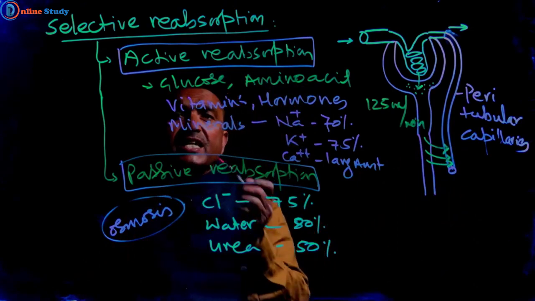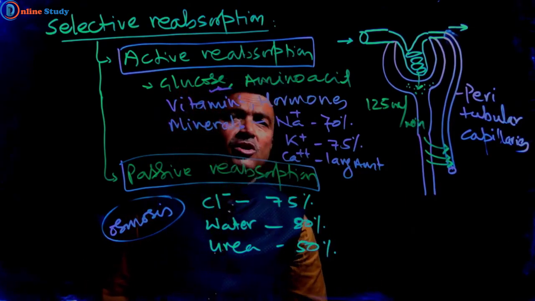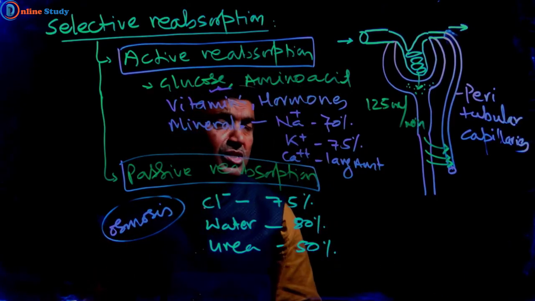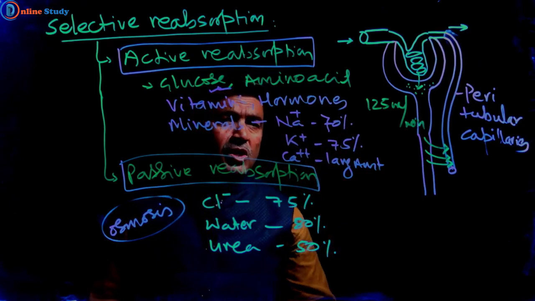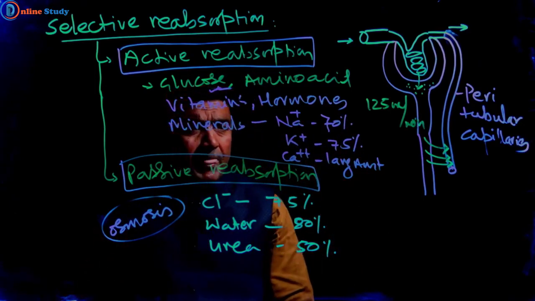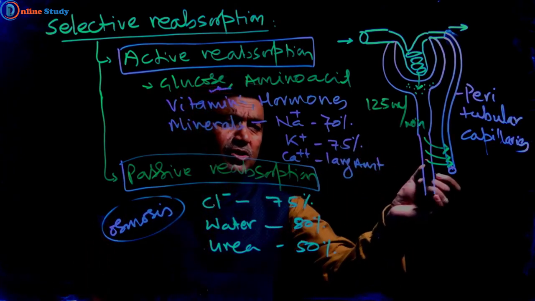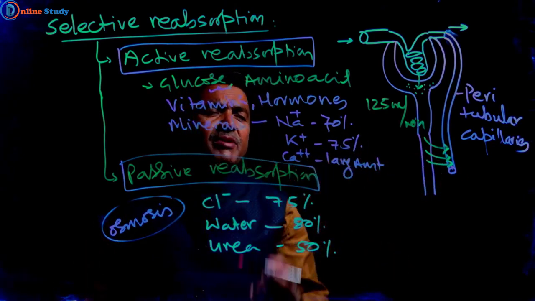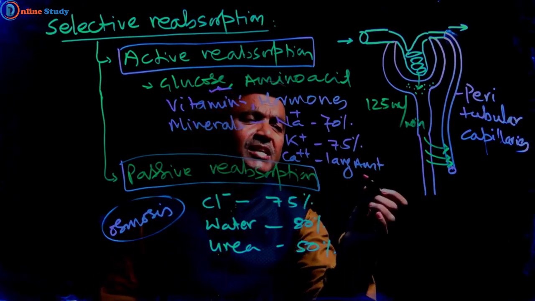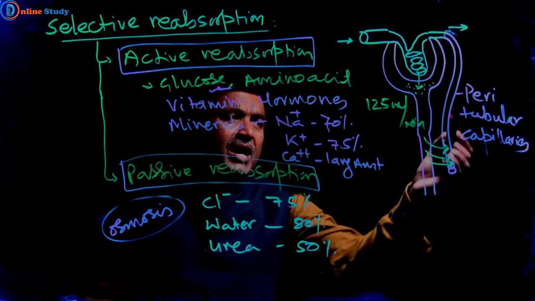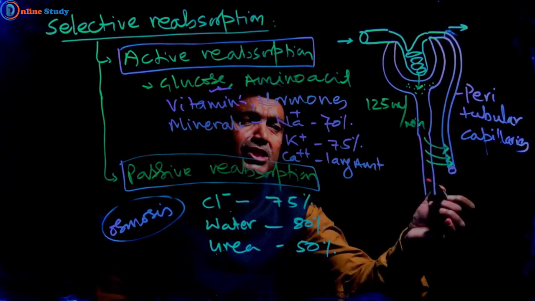Glucose almost 100% is reabsorbed, amino acids almost all, vitamins almost all, hormones almost all, and minerals. Sodium ion 75% reabsorbed, potassium ion 75% reabsorbed, and a very large amount of calcium ion is reabsorbed by peritubular capillaries from this renal tubule.